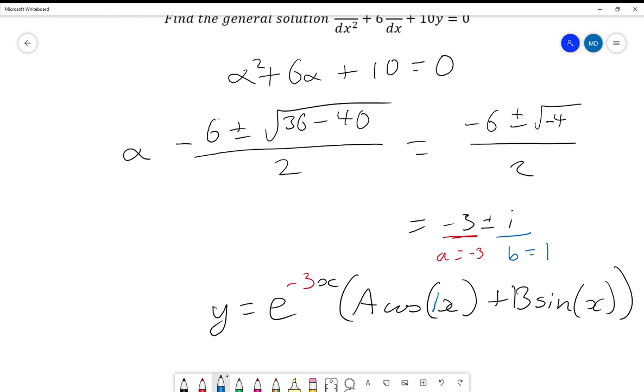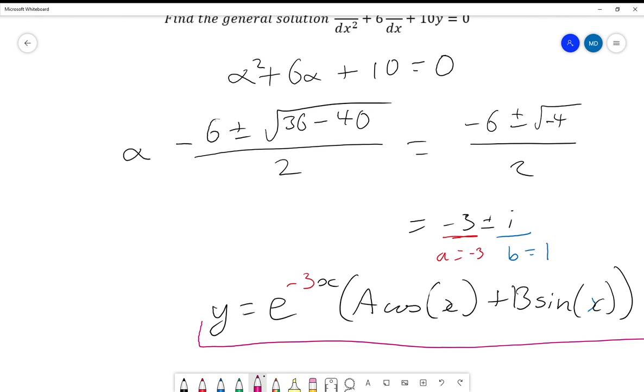There's a 1 there from the b. And there you go. Very quickly solved that equation using this form. And once you know the form, and once you've learnt the form, and you know it off by heart, solving these homogeneous second order differential equations is very simple.